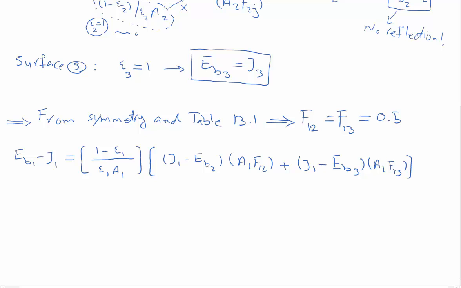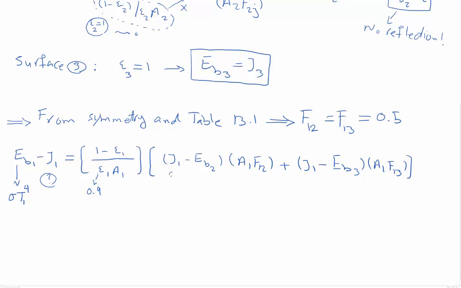Okay, now let's see what terms we know and what terms we do not really know. We know this one, the black body radiation from the surface at that temperature, which is found by the Stefan-Boltzmann constant times T1 raised to the power of 4. J1 we don't know. This is simply a function of epsilon; epsilon 1 is 0.1, and area 1 is given, or we can simply find it.